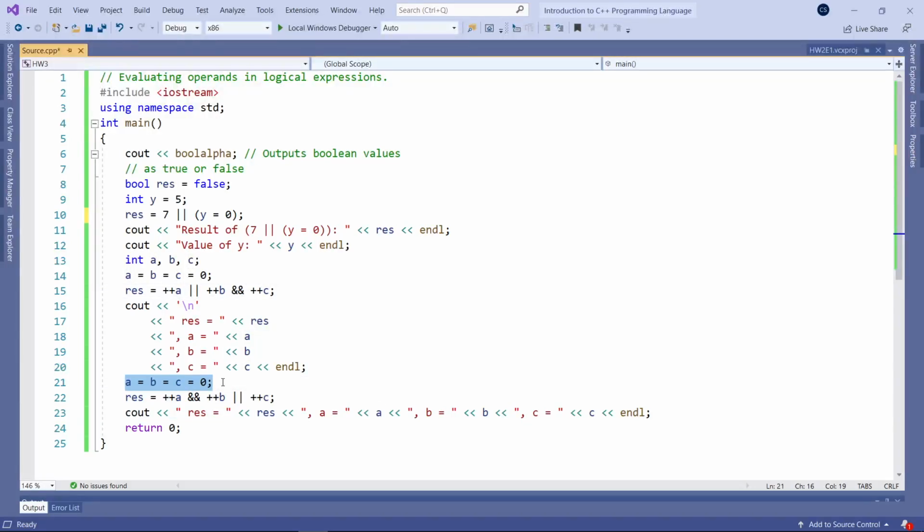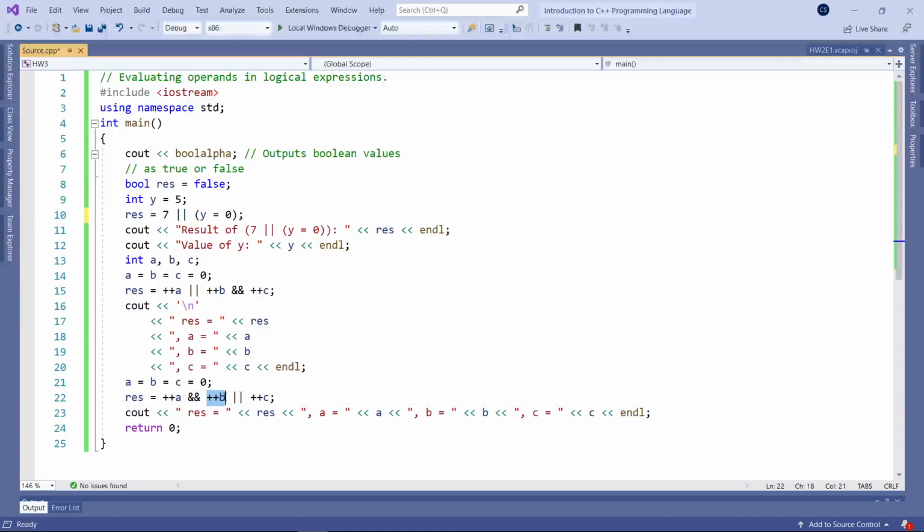And now we're running a different evaluation. Now we're saying increment A and increment B. So either this side is going to be true, or this side is going to be true once we increment C. And once we get to this point, it's going to do both, because it has to check if these two are true. So this is going to go to 1, that's going to be true.